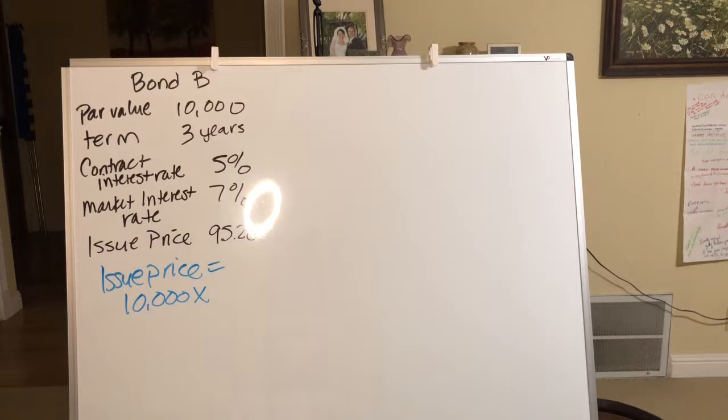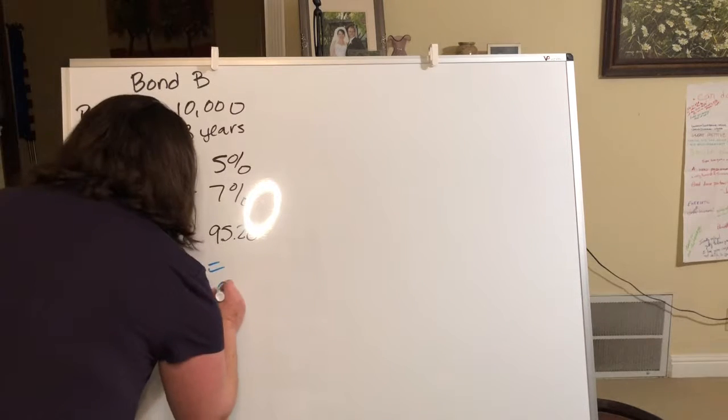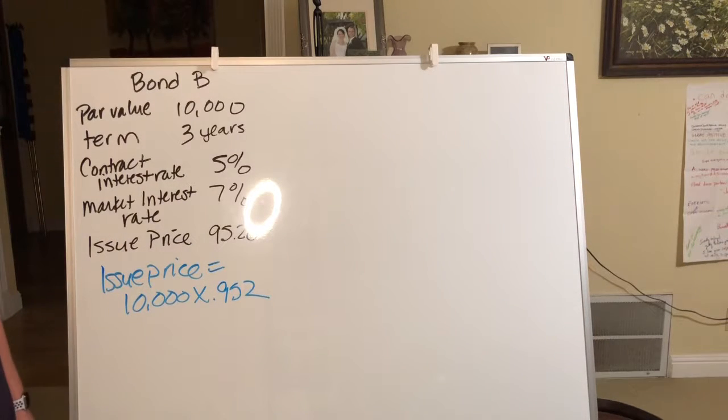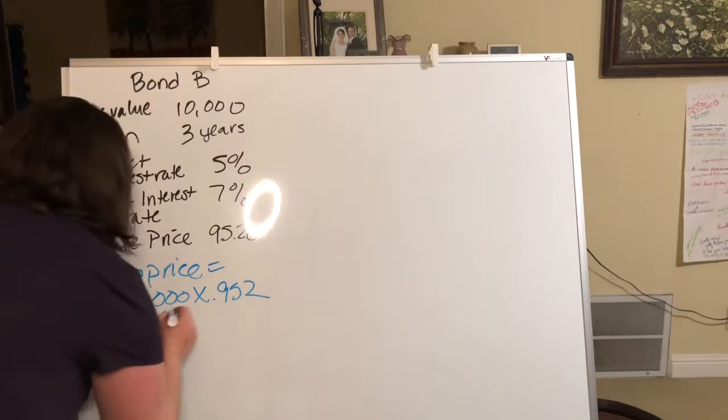So that is actually 95.2% or 0.952. So 10,000 times 0.952. And that's going to give me a total cash I'm going to get on this bond of $9,520.